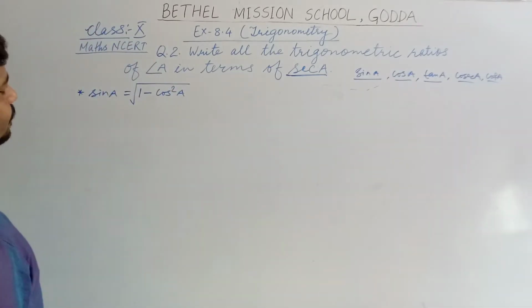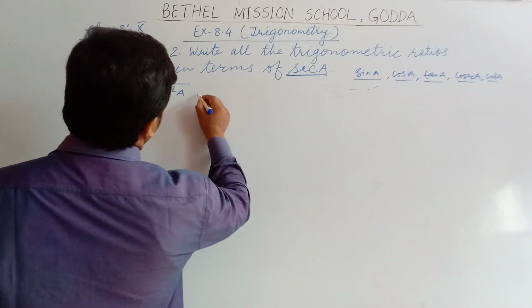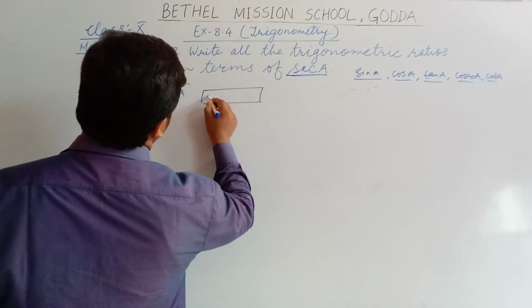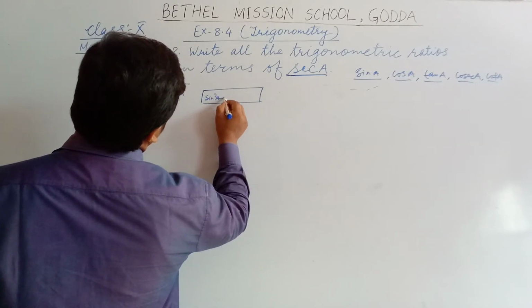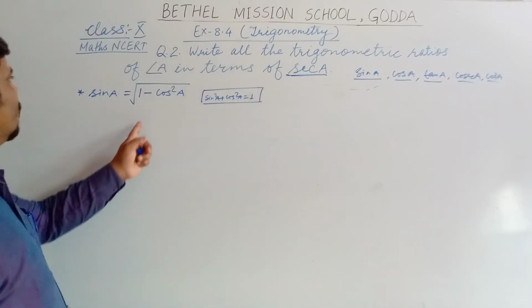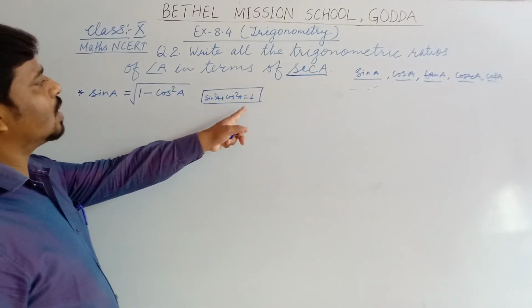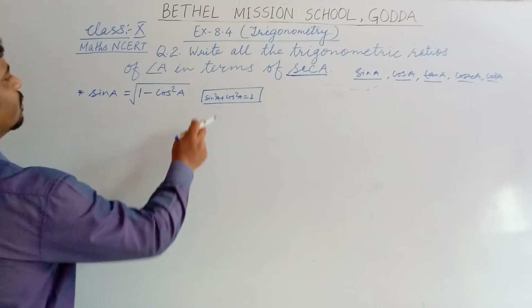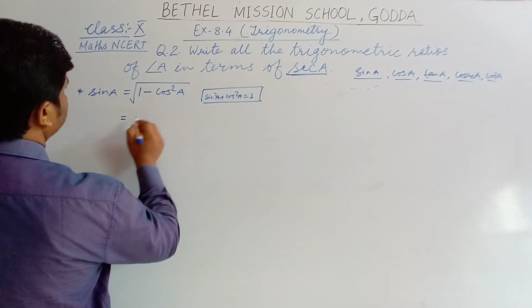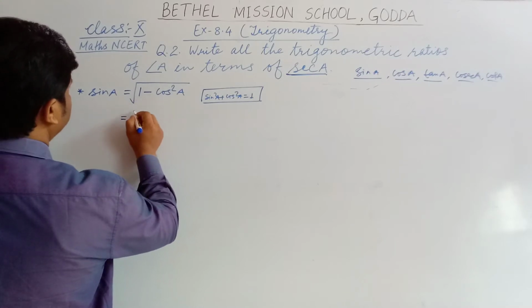Because you know that sin square A plus cos square A equal to 1. So sin A equal to under root 1 minus cos square A. By this identity we apply here.